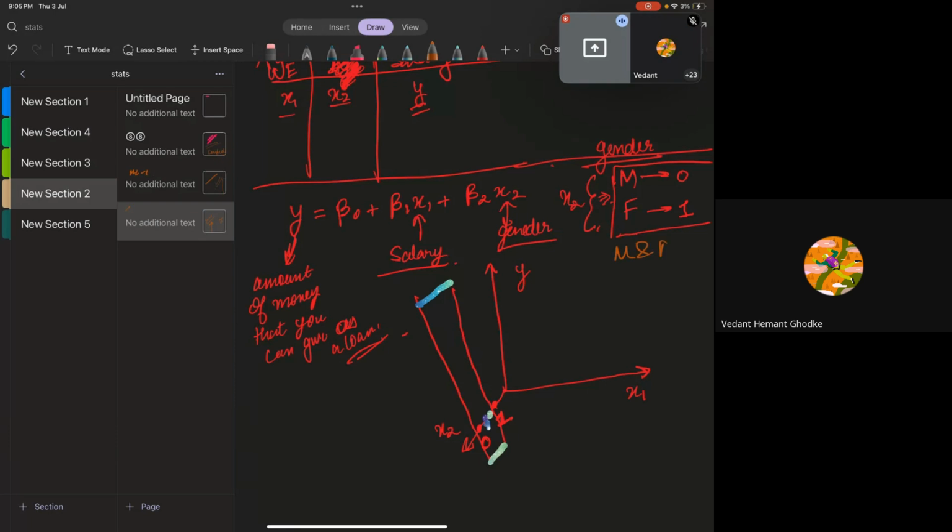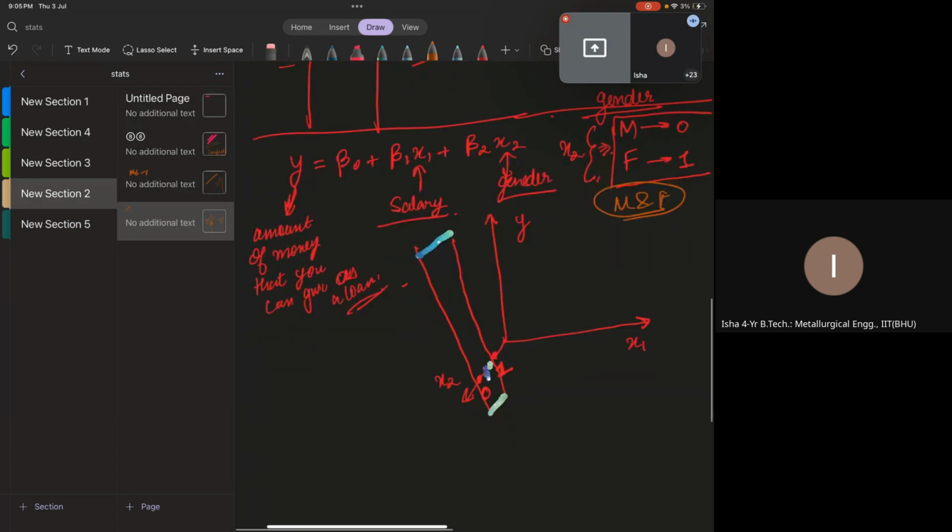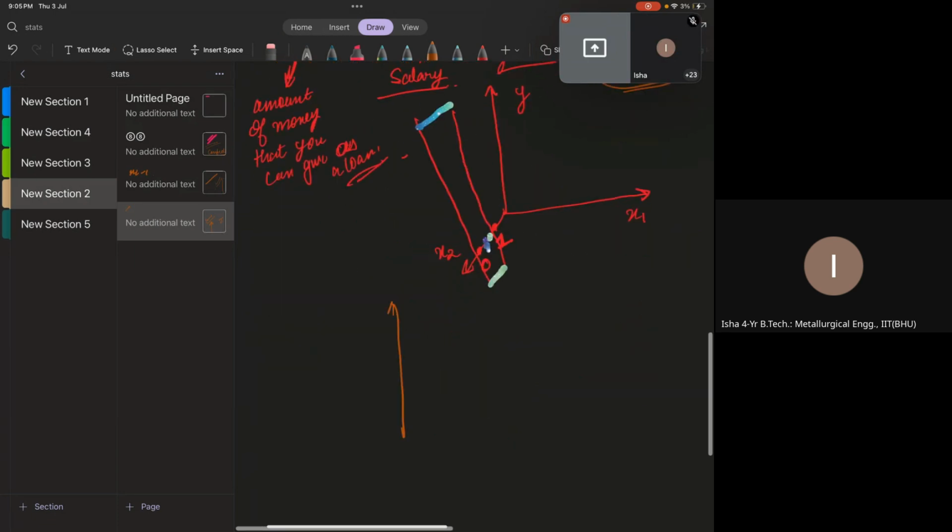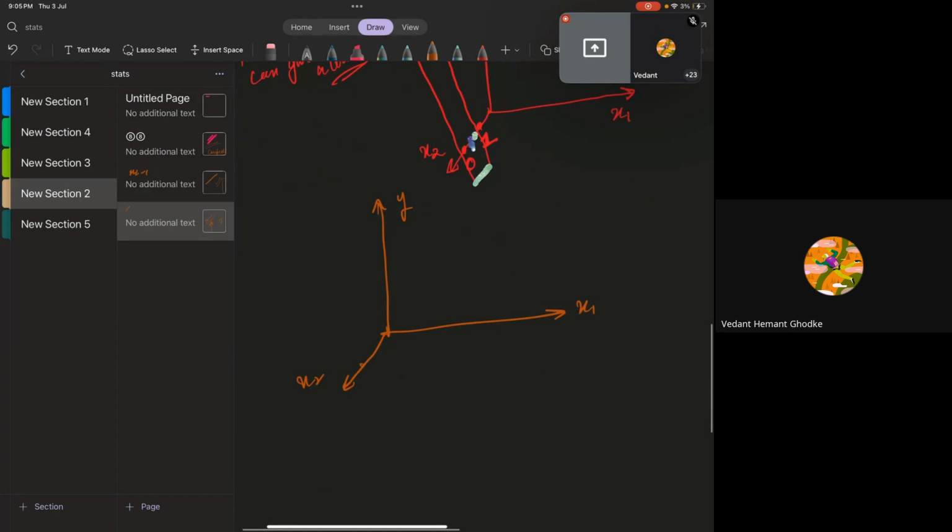That means we are taking something between male and female as well. No. Hence, what is the answer? Family of lines. What is the answer, everyone? Say it now. Family of lines.